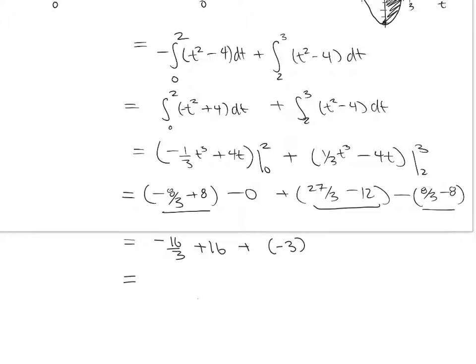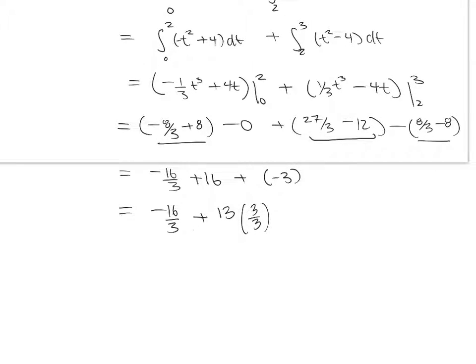So I've got negative 16/3 plus 13, right? So by 3/3, that would be negative 16/3 plus 39/3 or 23/3. Do you guys agree?